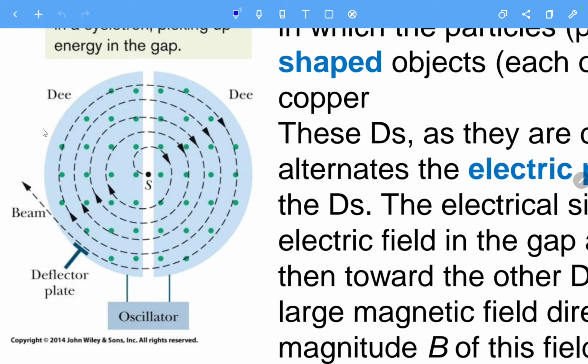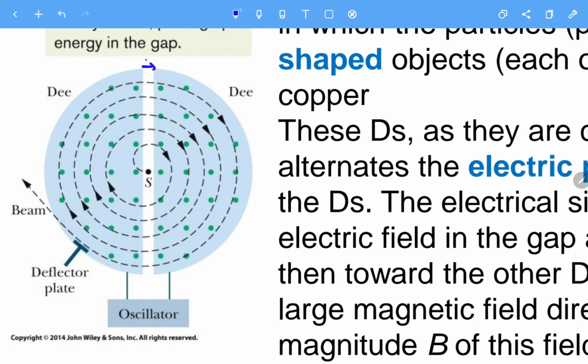We cut the disk in the middle and separate it a bit, leaving a gap in between. Then we generate a B field in the disk, so there will be circular motion.